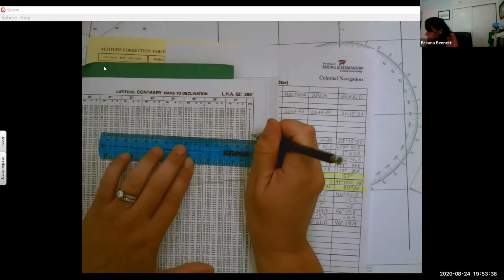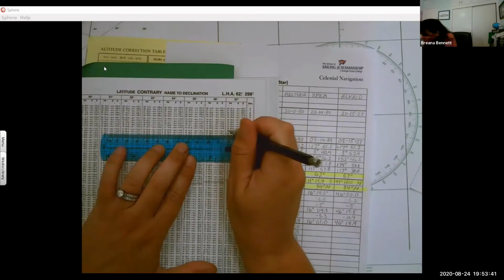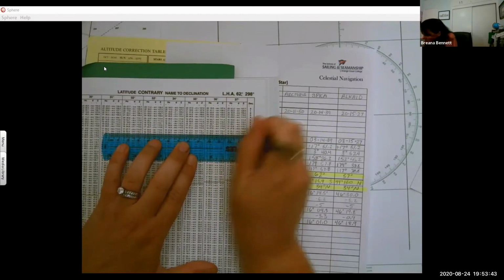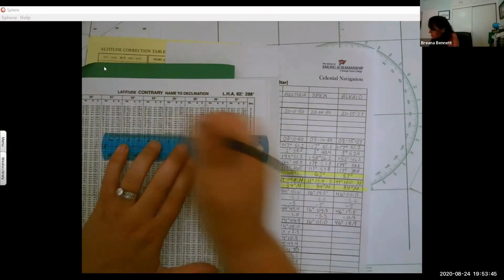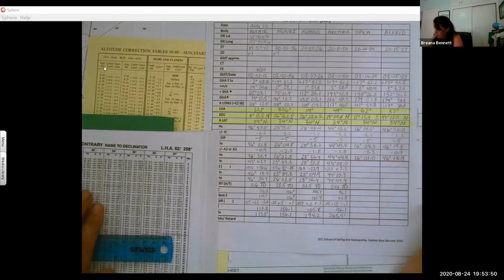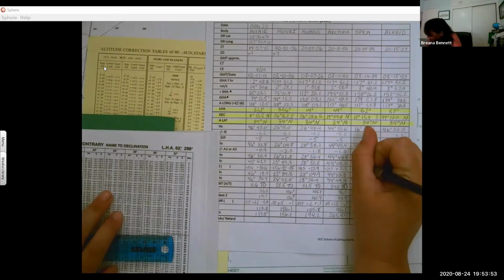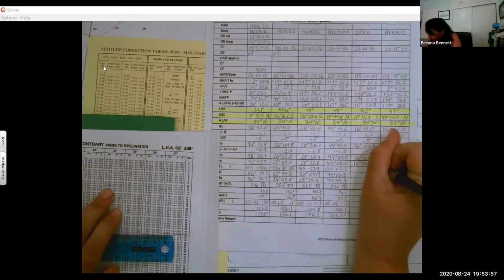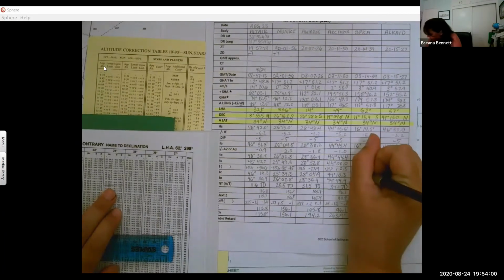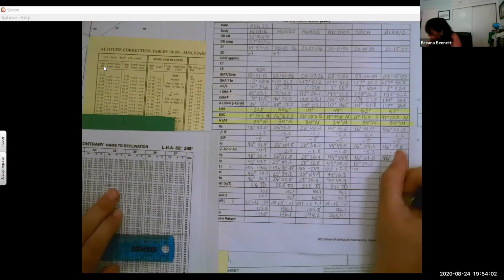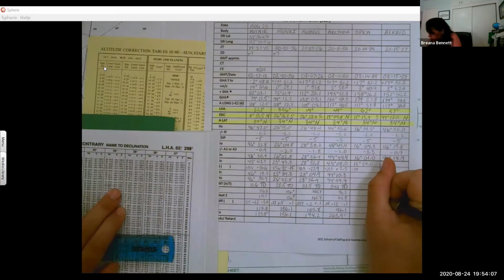So 11 and 34. Plug in our numbers here. Minus 15, 59.0 minus 39. Our Z is 115.6 and 116.4.